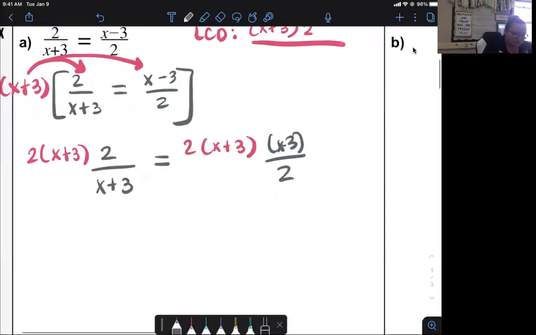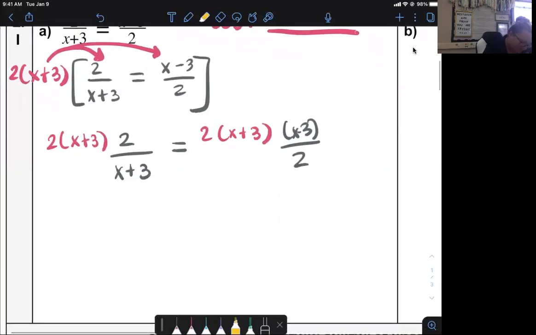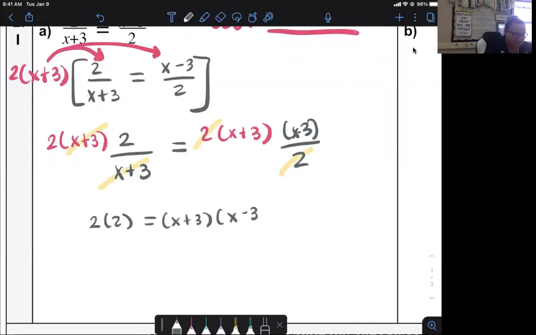All right, let's see what we'll cancel. x plus 3 divided by x plus 3 is 1. 2 divided by 2 is 1. So we're left with 2 times 2 is equal to x plus 3 times x minus 3.